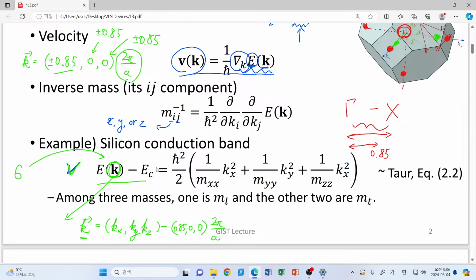And of course, if k equals 0, that means our k point is exactly corresponding to the minimum point of one of the 6 different valleys. So the energy will be exactly the conduction band minimum value, so that term will just vanish.